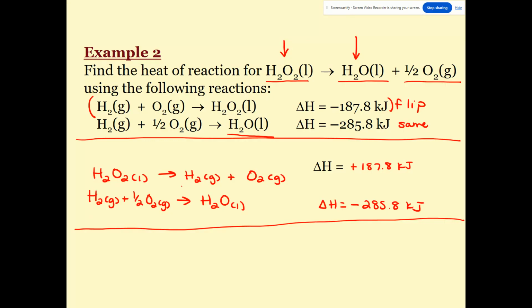So my hydrogens will obviously cancel. There's 1 mole on each side. But there's a half on the reactant side and a whole 1 on the product side. Now, when we're dealing with fractions, when they're on opposite sides, you're going to subtract them. So to subtract them, I need to have them over common denominators. So if this is 1/2, then my whole 1 is 2/2.